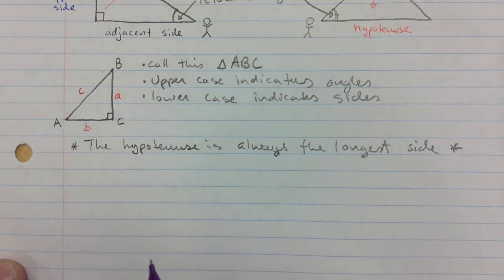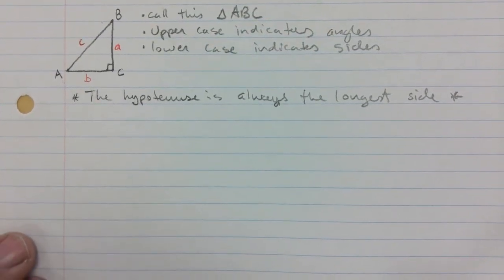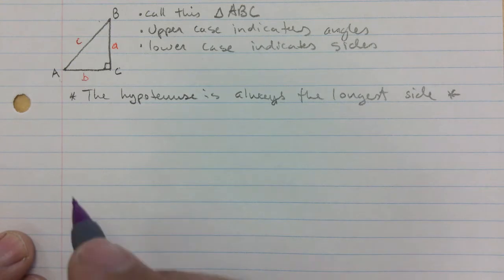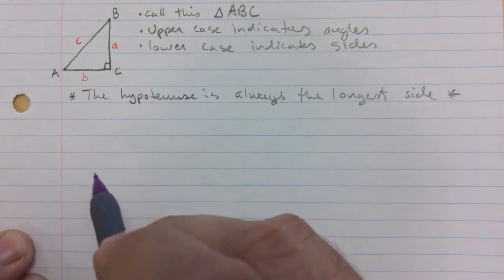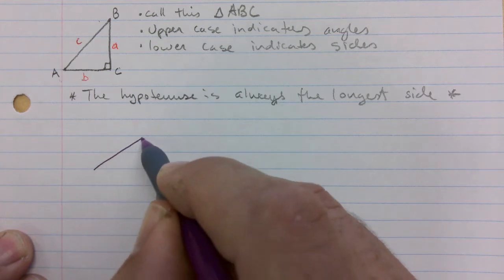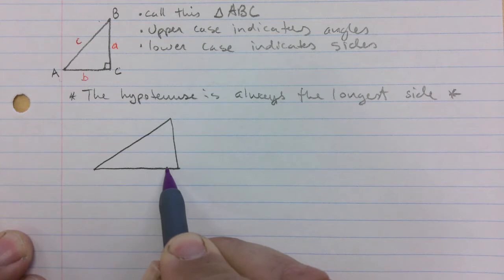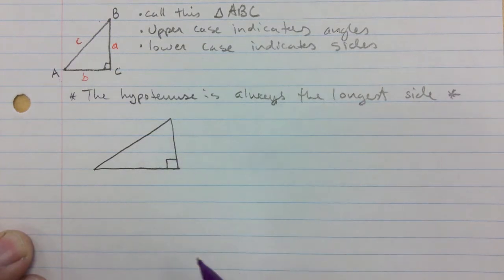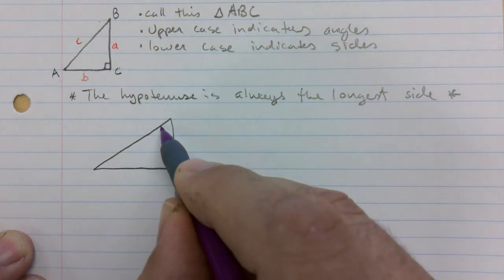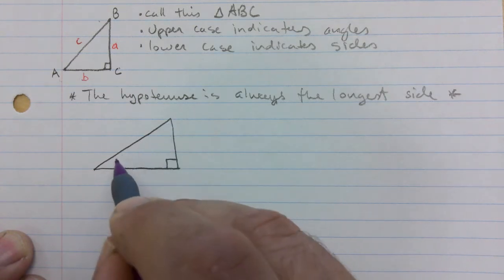So let's dive into the trig ratios. There are 3 trig ratios, and each is used at different times. Okay, so let's say you have a triangle. Let's do this one more time. Okay, so you're given a triangle like this, and for illustration purposes I will make this my reference angle, even though it could be the one up here.